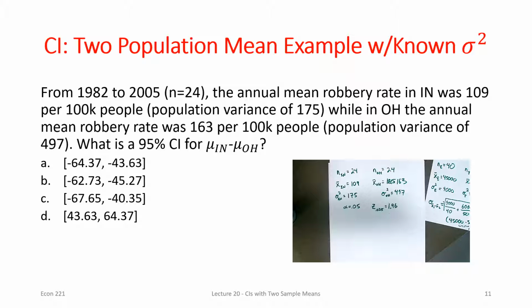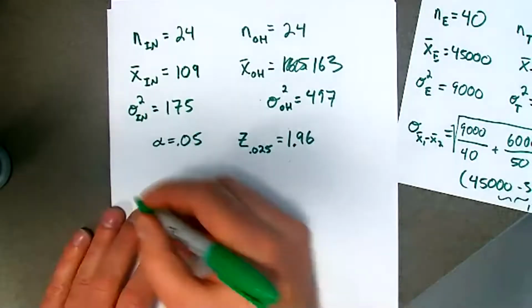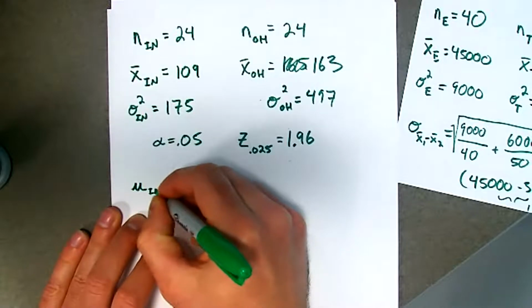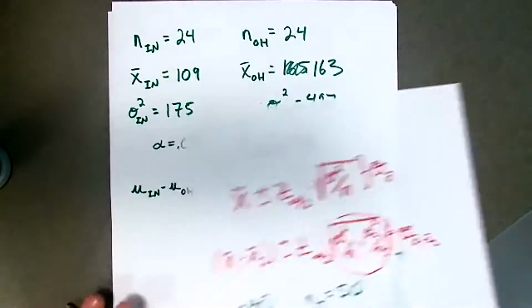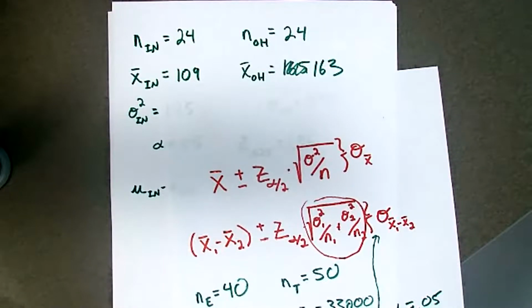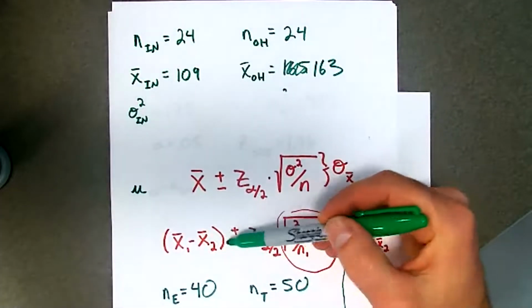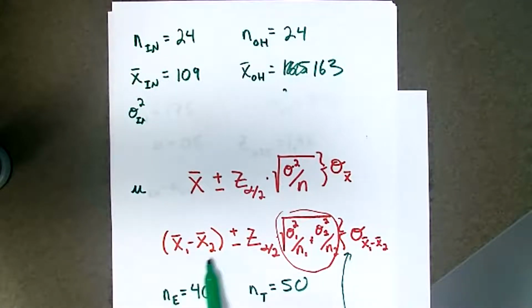Okay, so now we've got really everything that we need to kind of build this confidence interval, right? So it said, what was the true population difference between Indiana and Ohio? So, and I'm going to kind of keep switching here, so if you have any questions, make sure you stop me. So we're going to be using this equation right here, right? I'm going to be building my confidence interval for the sample difference that I found.